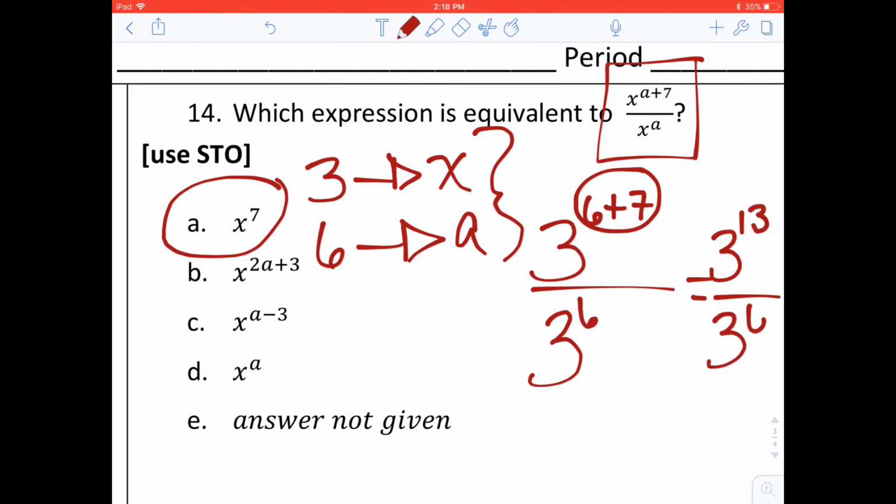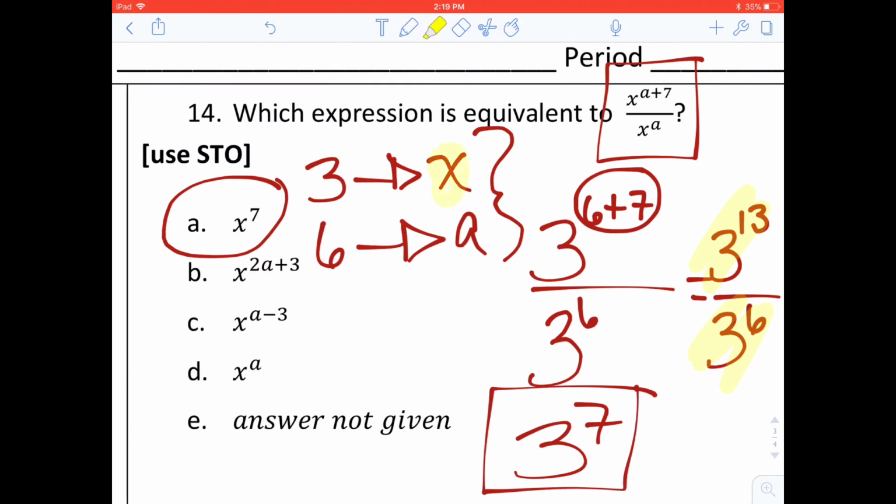And then I bring this over. And then let's think about this. If I have 13 3's up top and 6 3's on bottom, if I cancel out sets of 3's, that would leave me with 7 of them left over. And since I said that X has a value of 3, I can go back in and substitute that X. So X to the 7th power. So my answer is A.